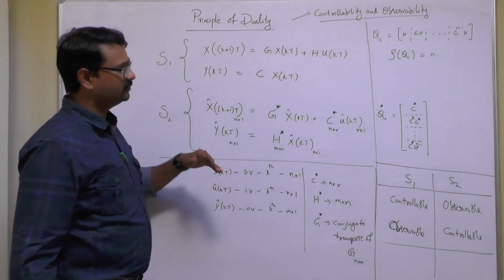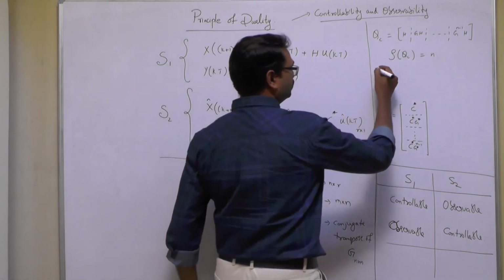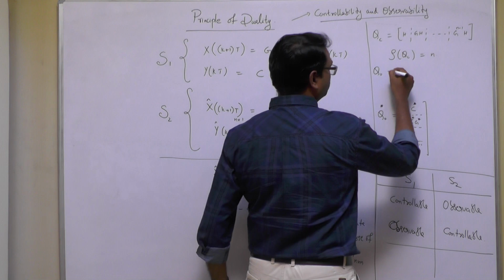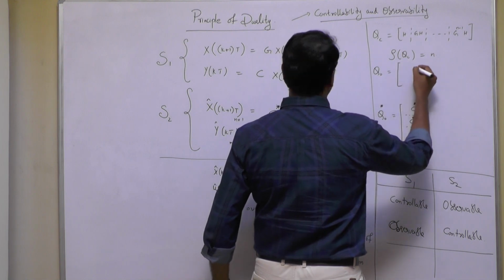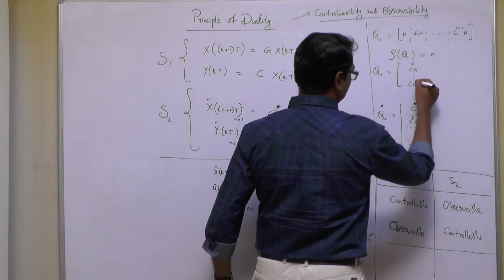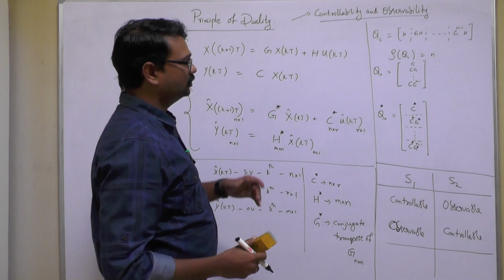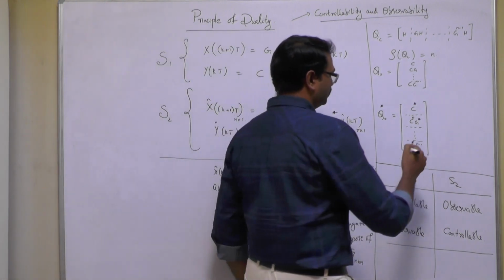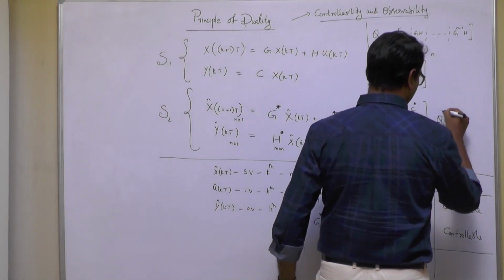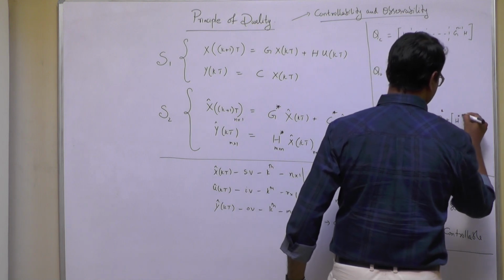And in the reverse process also it happens. What is the observability matrix for this? Q naught is C, CG, up to CG power n minus 1. So these two happen, and the controllability matrix for this, QC star, is built from H star.